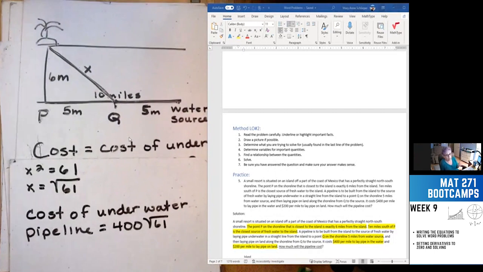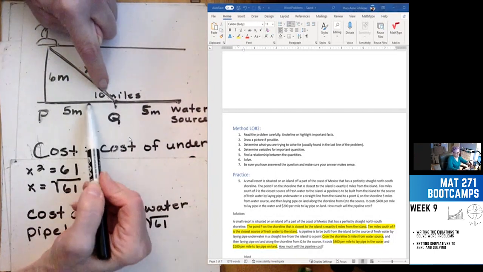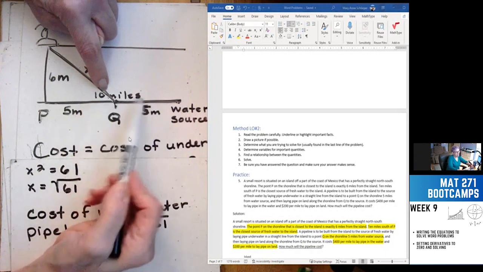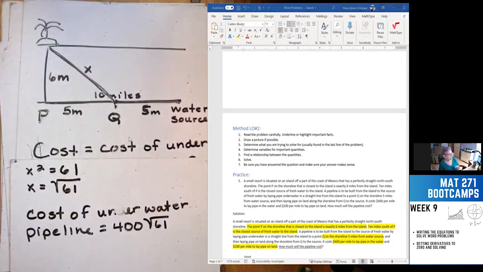Now your problems will be more interesting because you'll be trying to figure out exactly where along this coastline you should place Q in order to spend the least amount of money on your pipeline.